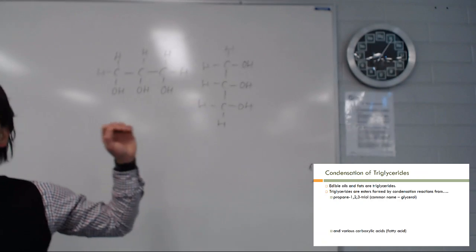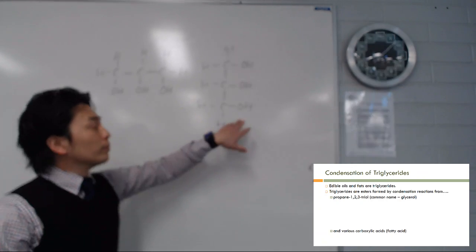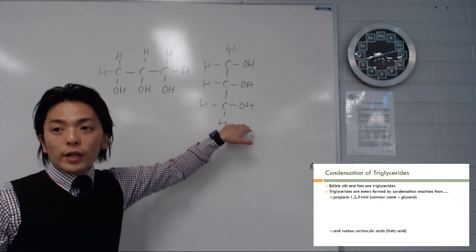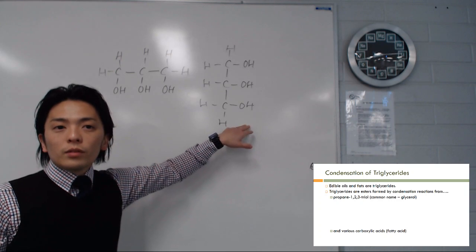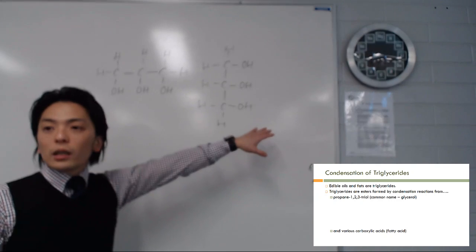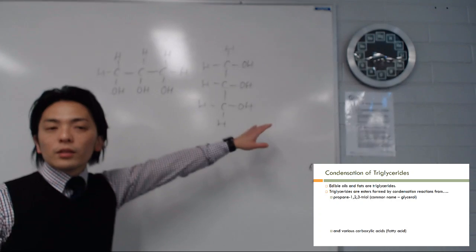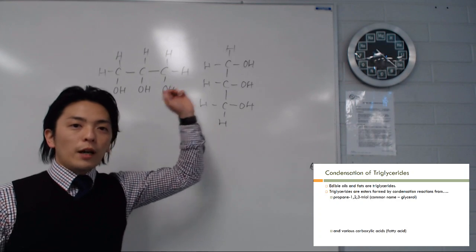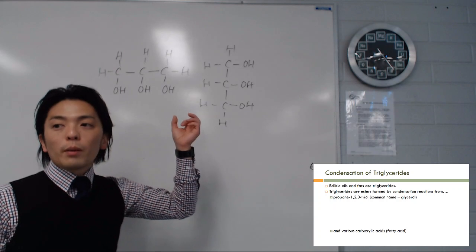Now, as the previous line saying, triglycerides can be derived from condensation reaction between this and carboxylic acid. So if you remember what you learned in esters chapter, if you have carboxylic acid and alcohol, you can make ester.